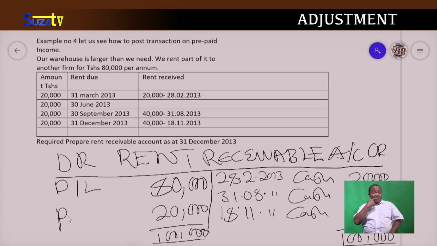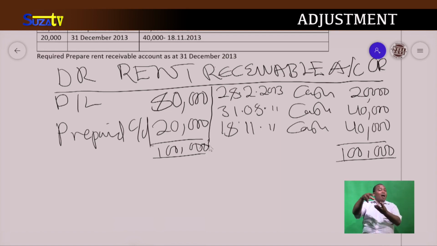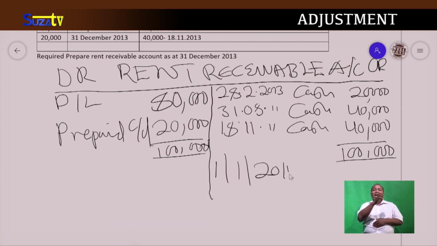You say that prepaid CD becomes prepaid BD on 1st January 2014. Prepaid BD 20,000 shillings. Okay.